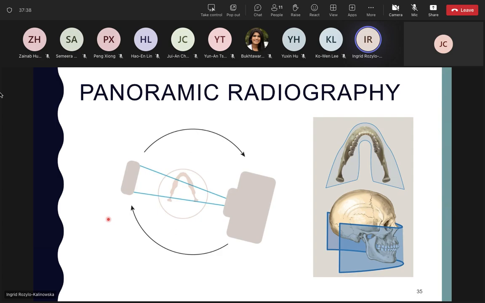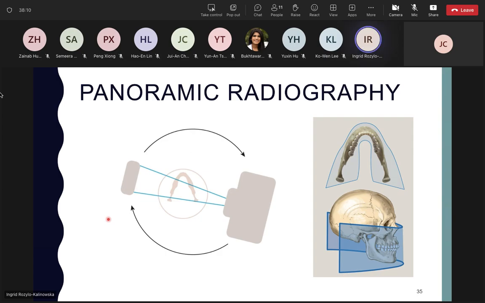And as you might know, Poland was very much affected by World War II, and after the war, the works on rotational tomography were started by another researcher in Finland, whose surname was Paatero, and he is worldwide accepted as the so-called father of panoramic radiography.